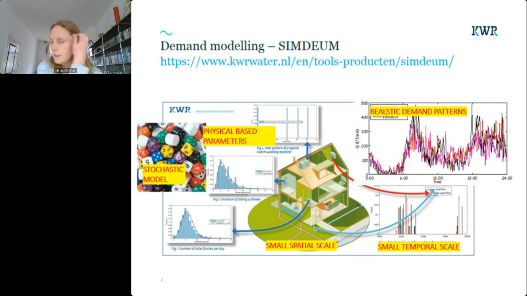In this, I hid a little bit the legend of that, but the colored lines, the red and the purple, are measured. This is the demand of a street of about 140 homes. And in black, you can see the model results. And actually, if I hadn't told you which is the model and which are the measurements, you would not be able to tell which is which. They do follow quite the same pattern over the day.